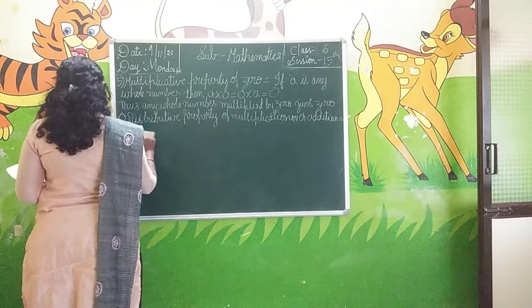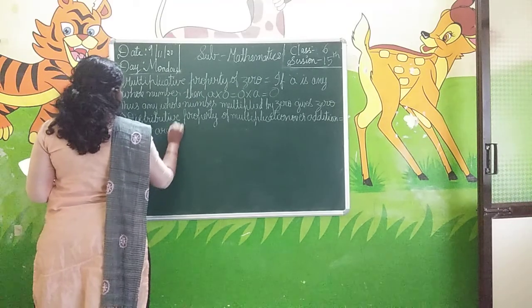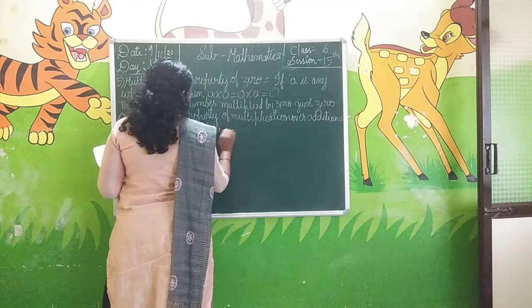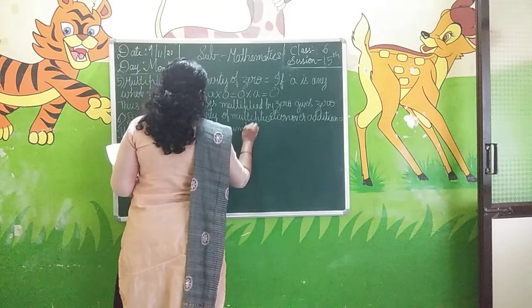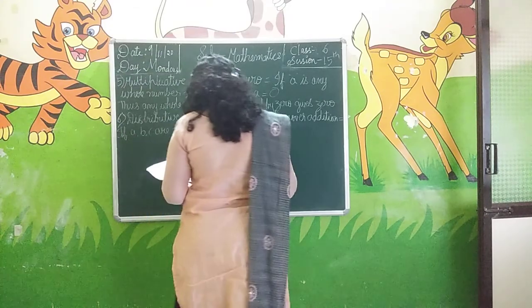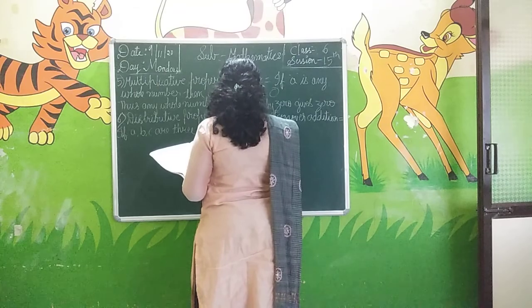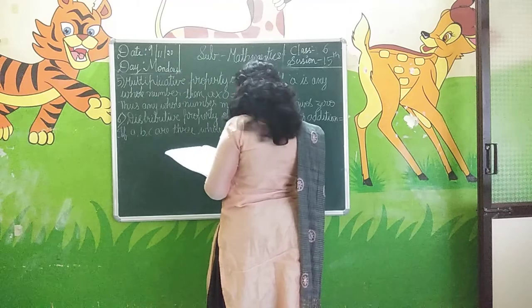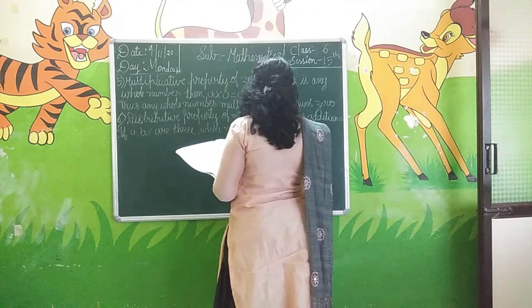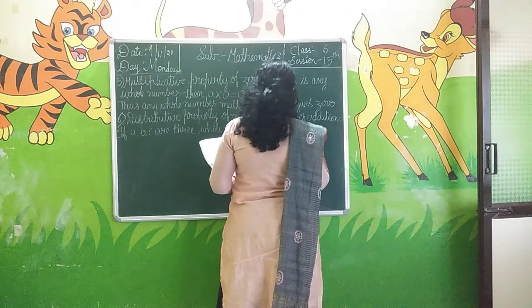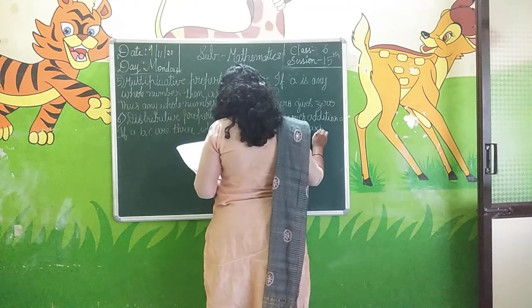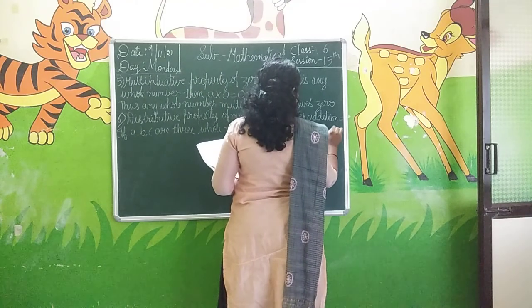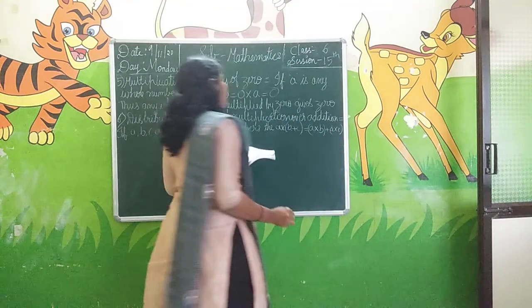If a, b, c are three whole numbers, then a into (b plus c) is equal to a into b plus a into c.